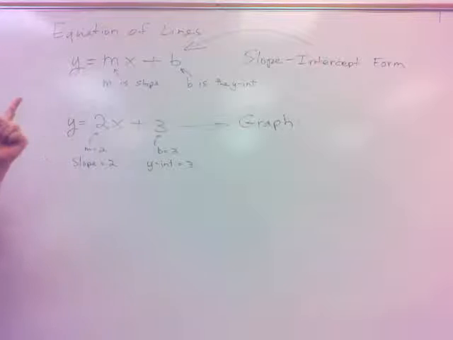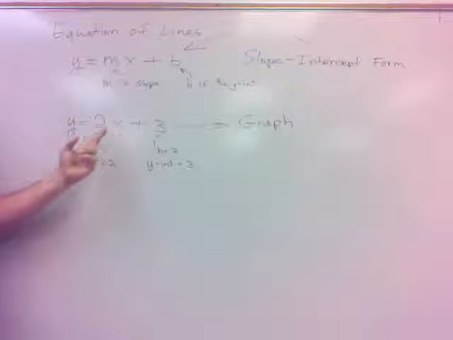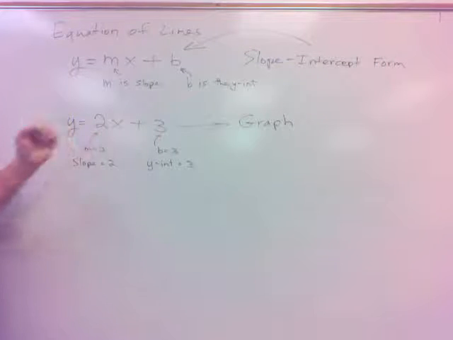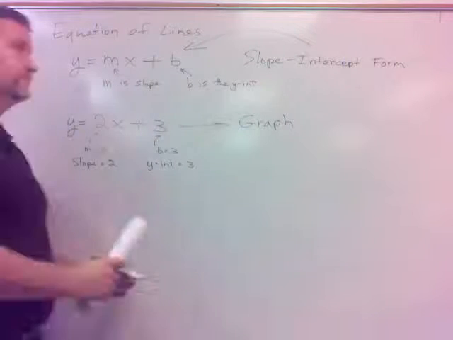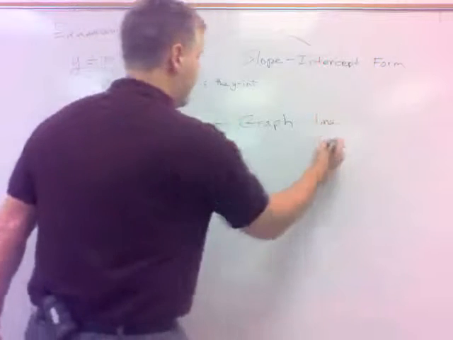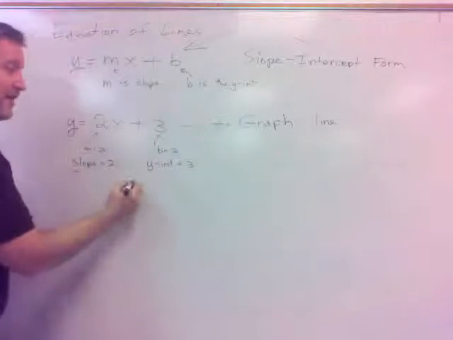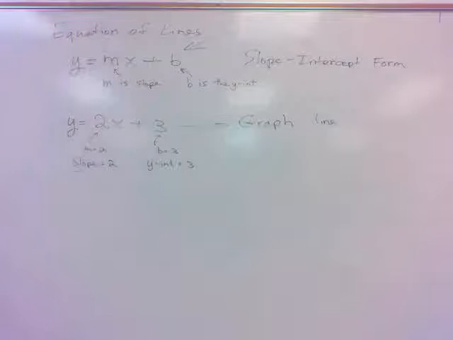Because I know, first of all, this is a line. How do I know it's a line? Well, it's x to the first, y to the first. I've got both the first powers of x and y. So I know it's a line. And then I know the slope of the line, and I know the y-intercept of this line.